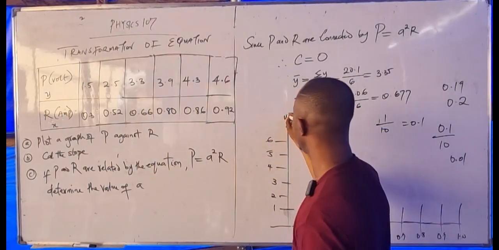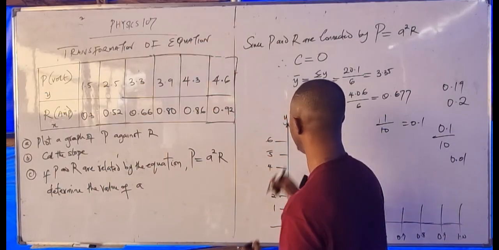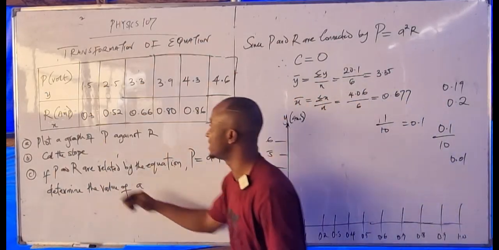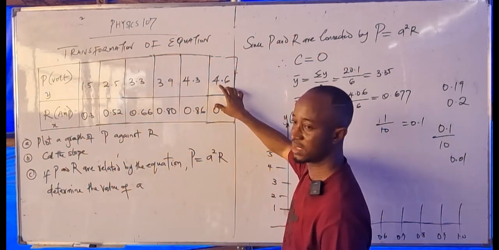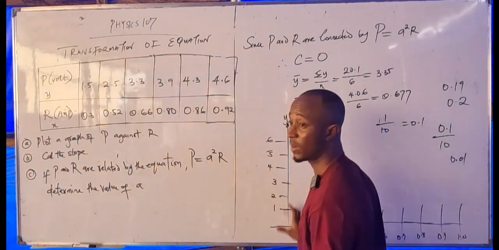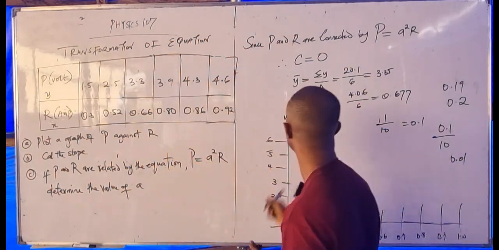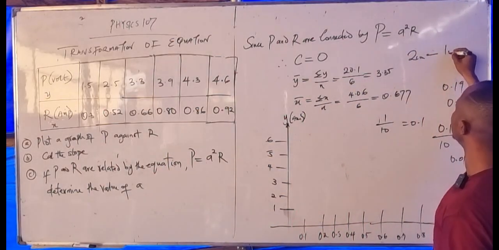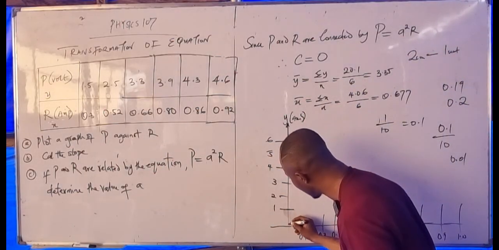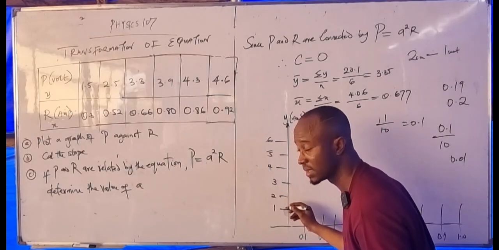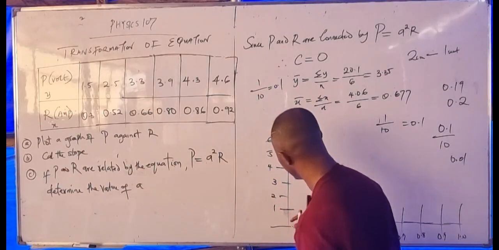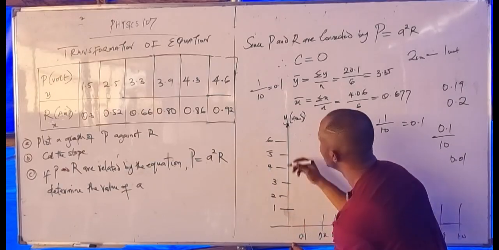For the Y axis, we're using 2 cm to represent 1 unit. Why? Because the lowest is 1.5 and the highest is 4.6, so all of these values can be captured on the Y axis. Each of these holes represents 0.1, because 1 unit divided by 10 holes gives us 0.1.